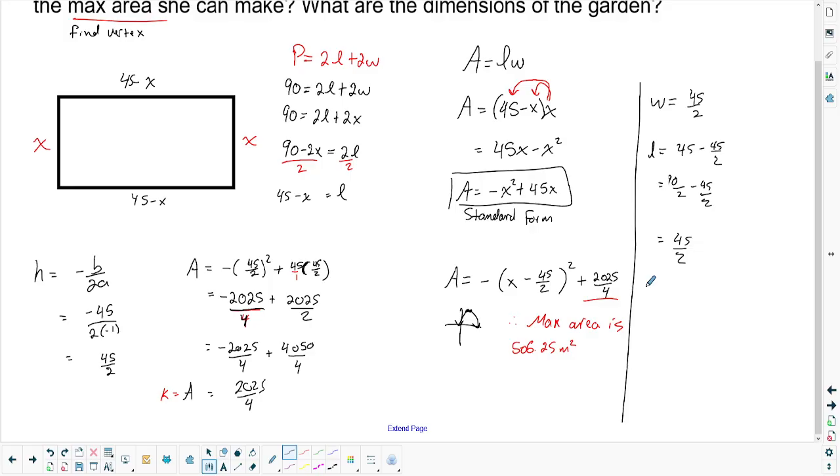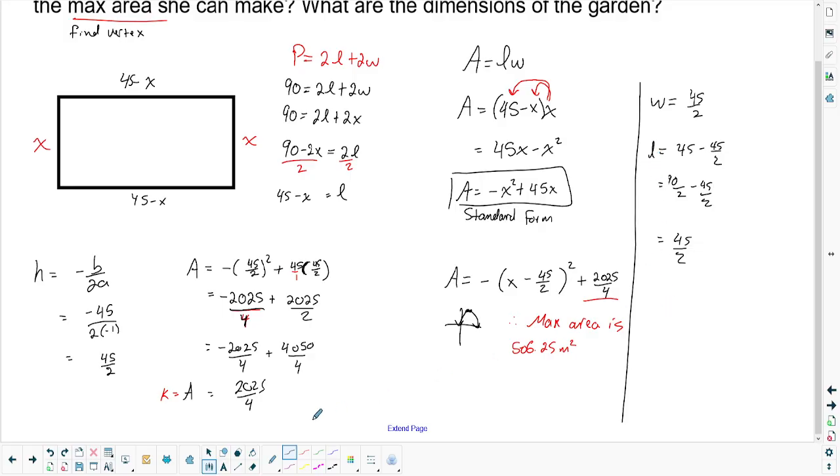And unless you're doing something weird, which there are weird examples sometimes where you change the side lengths or something like this, a square will always give the maximum area. So if it's ever a rectangle question, your length and width should always come out to be the same. That's just a universal truth that we know.